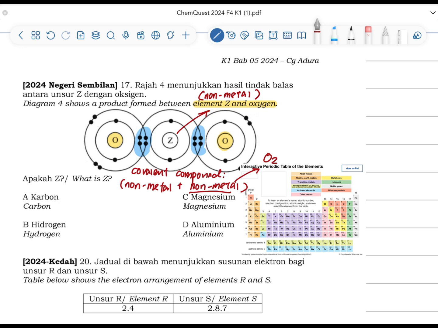So C and D for sure will not be the answer because they are both metals. And we know that hydrogen will only have 1 electron based on the periodic table, right? So it is not possible for it to have the electron arrangement 2.4. So it is actually carbon.